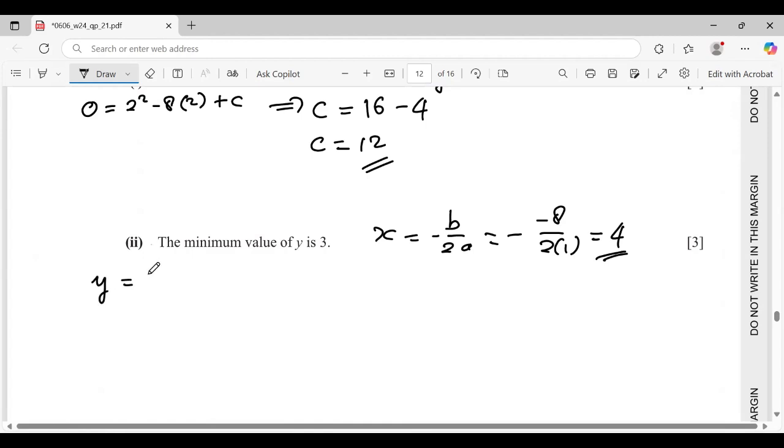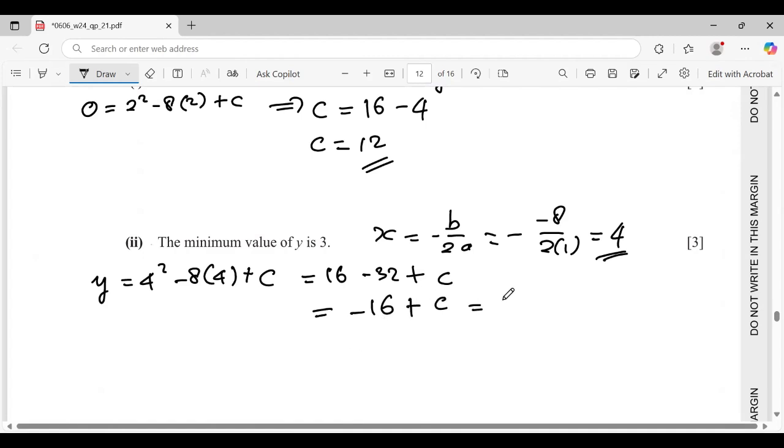Y equal 4 squared minus 8 times 4 plus c. And it is 16 minus 32 plus c, so minus 16 plus c, so y equals c minus 16.